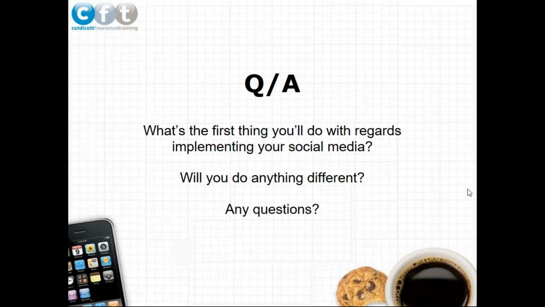Another question's from Steve. What's the best way to increase my social media engagement? Again, it would be looking at what worked well, so you could measure posts that had the top engagement for you. So if you were looking at Facebook, you can look at the most engaged posts for you and how many people that reached, and then you'd look to basically emulate the same sort of content.